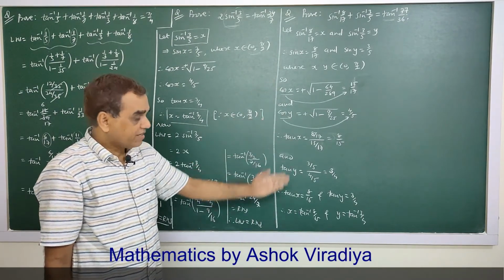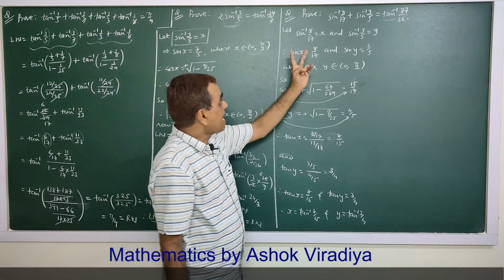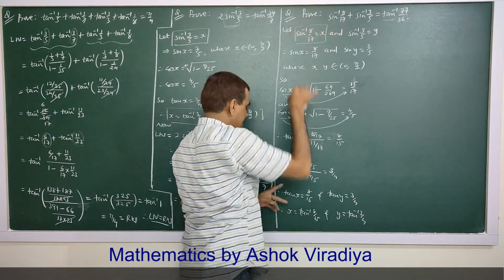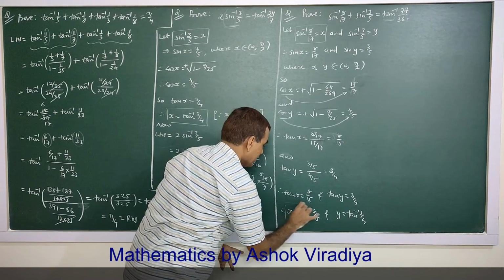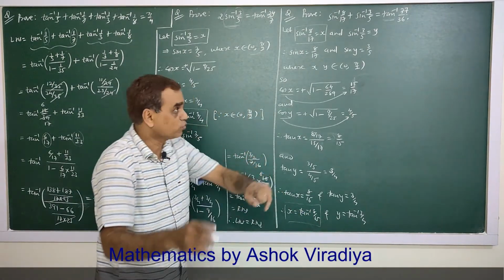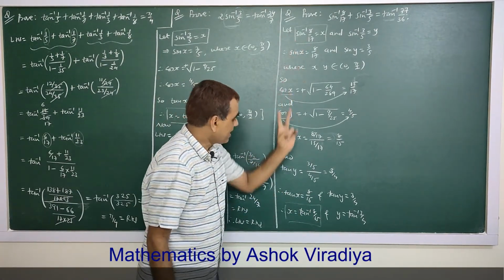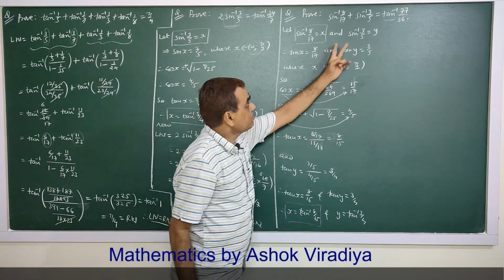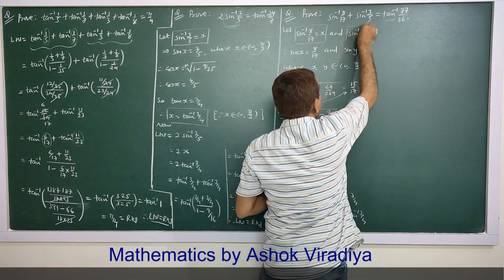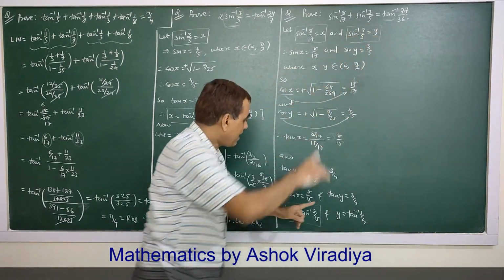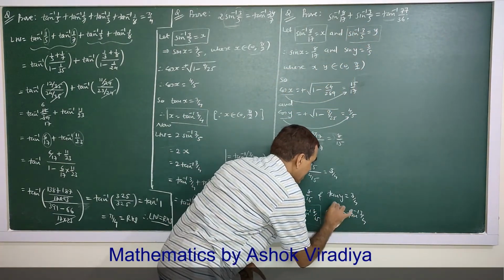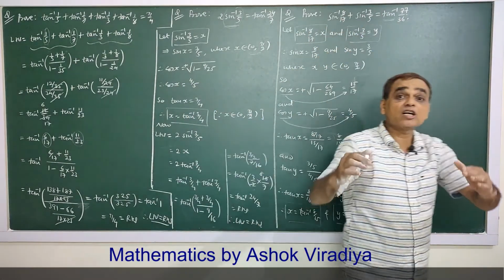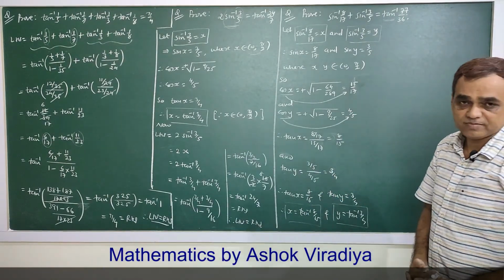So see what is done here. x was for sin inverse 8 by 17 and now x is also tan inverse 8 by 15. So what is proved? Sin inverse 8 by 17 is converted into tan inverse. Similarly, sin inverse 3 by 5 is tan inverse 3 by 4. So both numbers on the left side are converted into tan inverse.